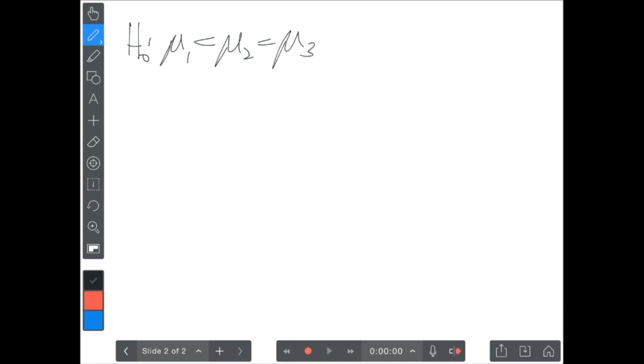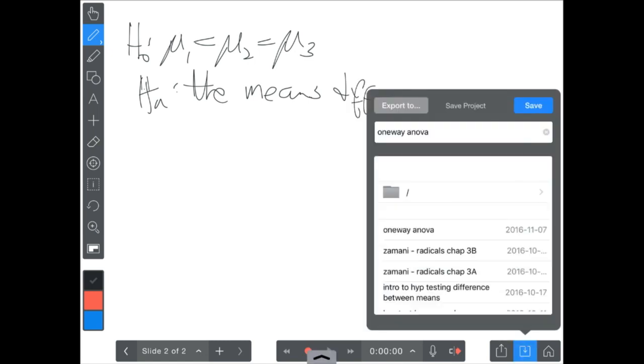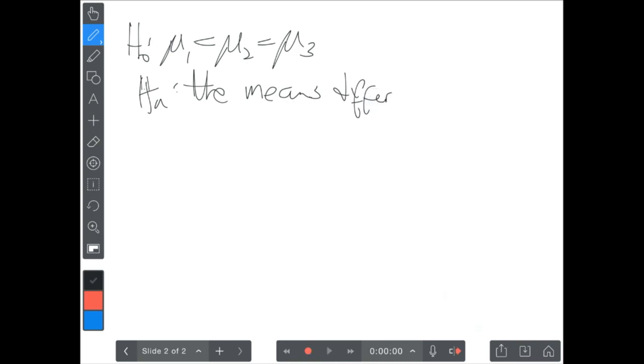The alternative, HA: the means differ. It doesn't mean that all of them are exactly different, at least one of them differs. So that's the first step.